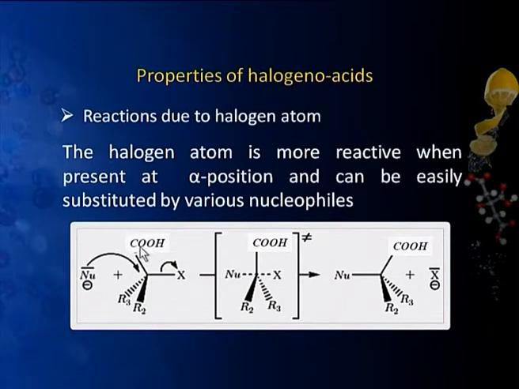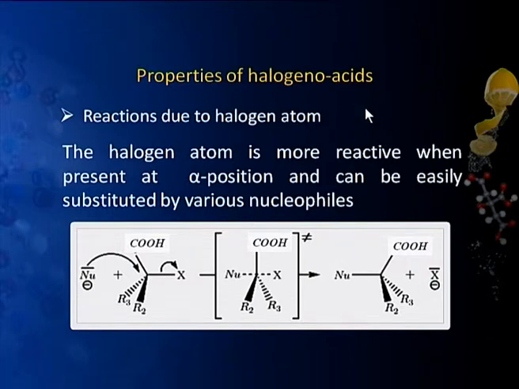So, this carboxyl group withdraws the electron, the positive charge on this carbon is increased, attack of the nucleophile becomes easier and substitution becomes easier. If this halogen is present at the beta or gamma position, then this electron withdrawing influence of carboxyl is not that much and reactivity is just like normal alkyl halides. And obviously, the nucleophile will substitute the halogen.